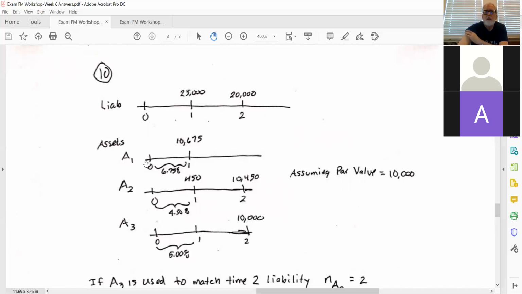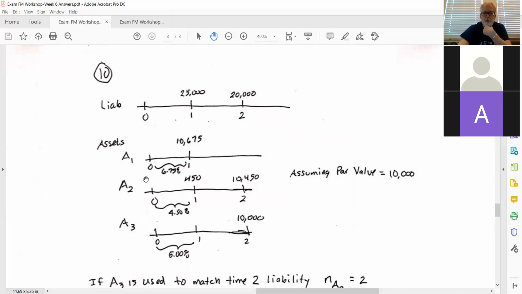There's 3 assets to choose from, and I assume the par value is 10,000. Again, since the payments were in tens of thousands, I chose that. You could have chosen 1,000 or 100. It doesn't matter what you choose. The 1-year bond has a coupon of 6.75%, so it would have a payment of that amount.